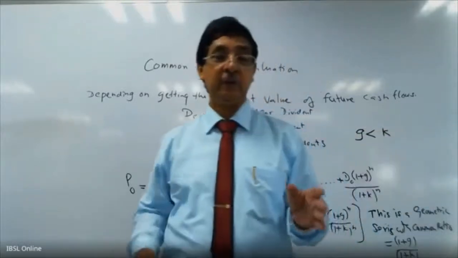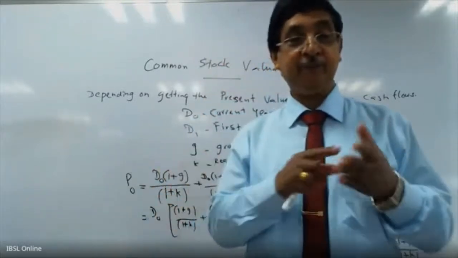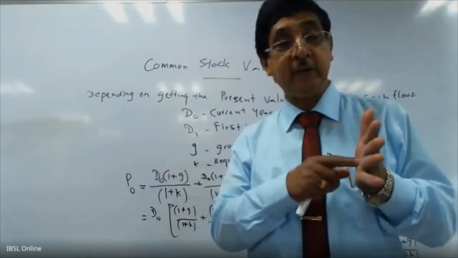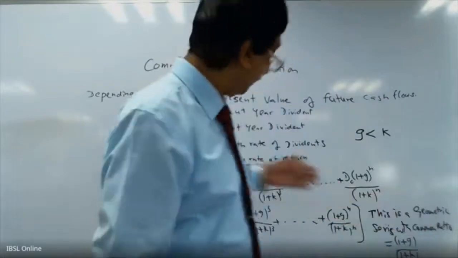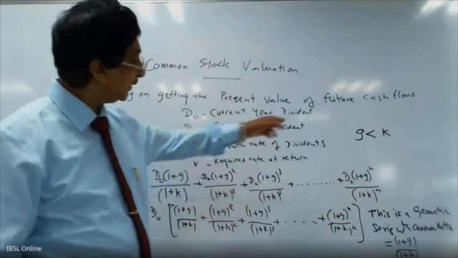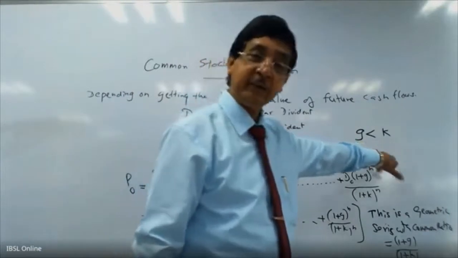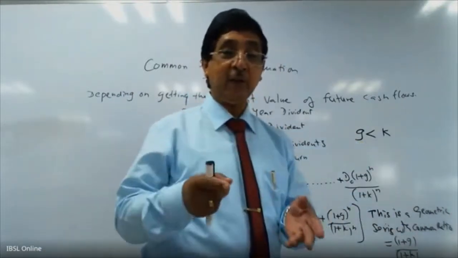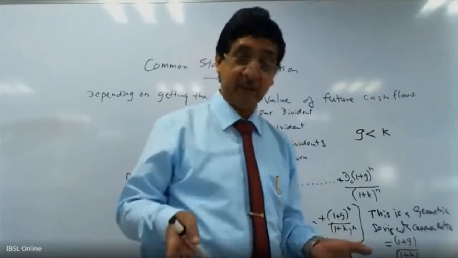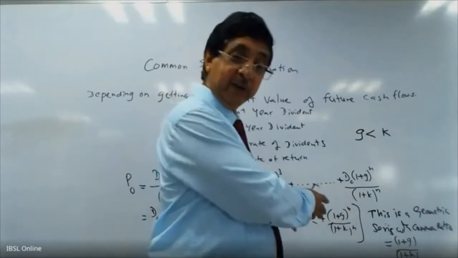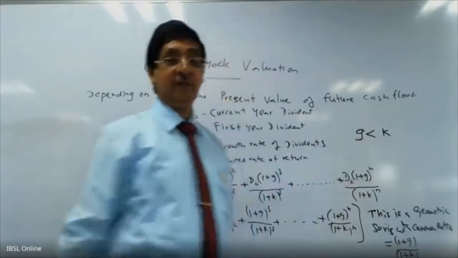For the time being, you need to understand that the condition to apply this formula is that G should be lower than K. If G equals K or G is higher than K, the methodology is not valid.